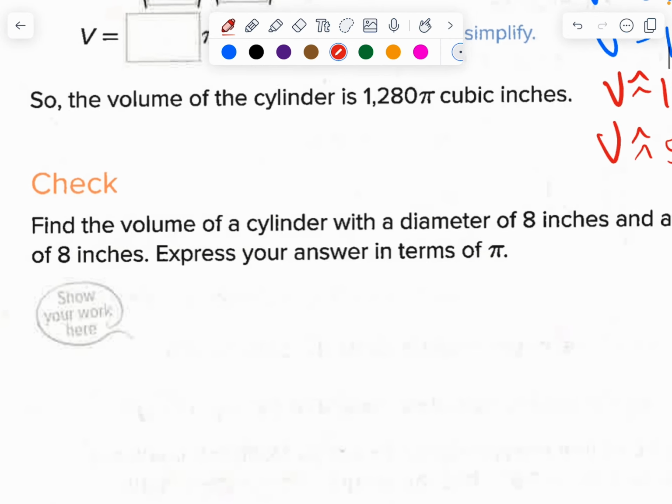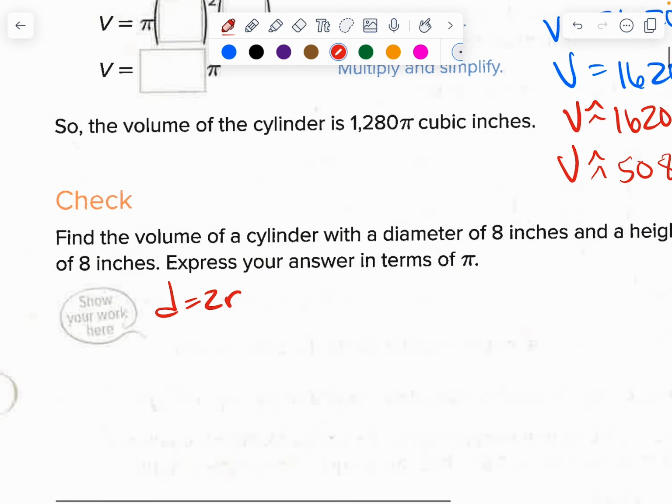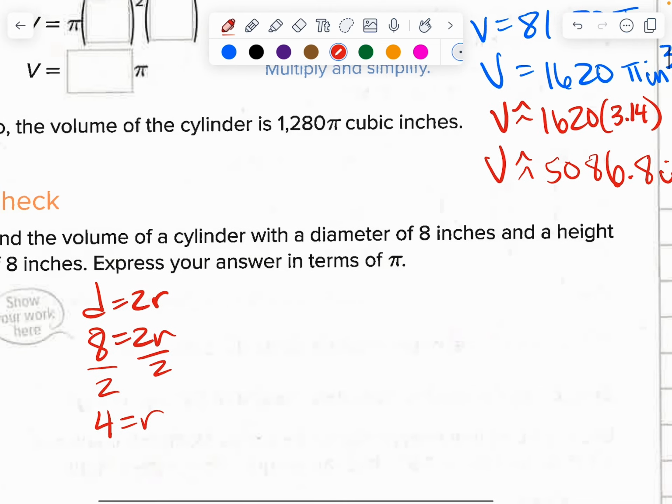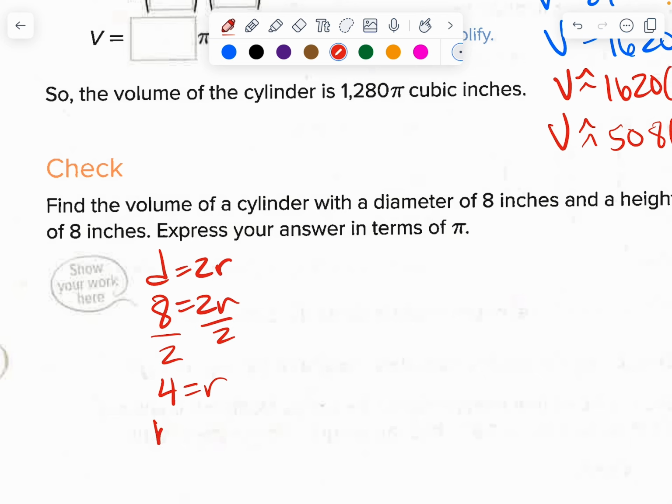Okay, down here, again, it has my diameter. It says that the diameter is 8 inches. So I divide both sides by 2, and I get 4 is equal to my radius. And it says my height is equal to 8 inches. So h is equal to 8. So V equals pi r squared h.